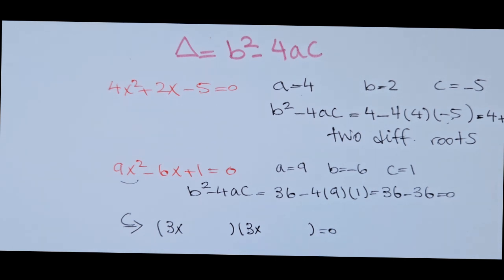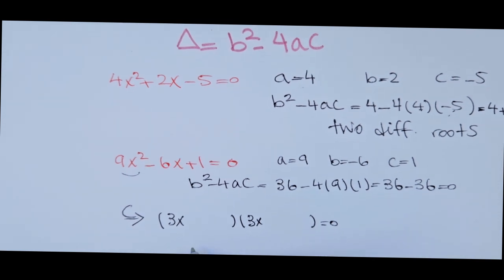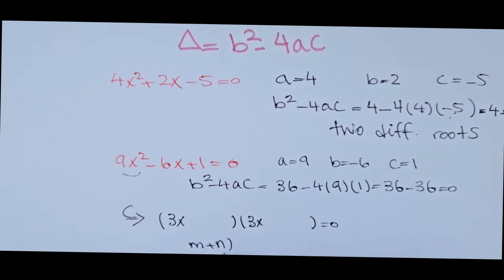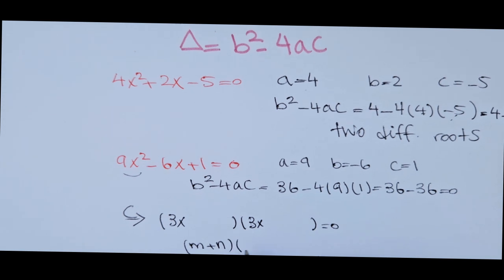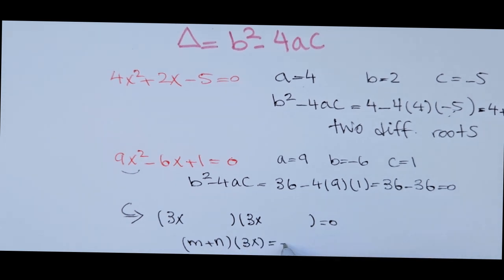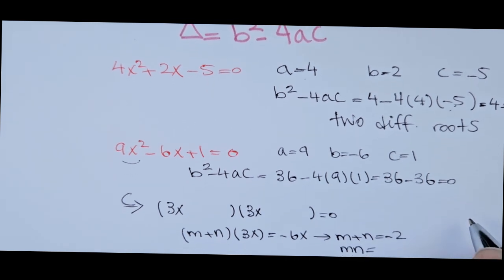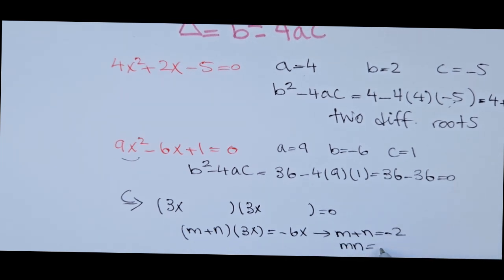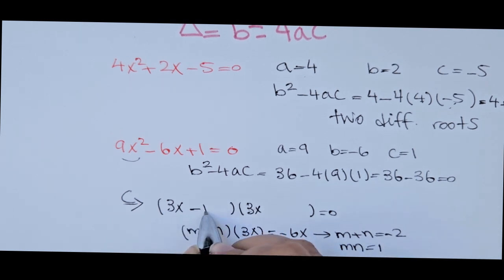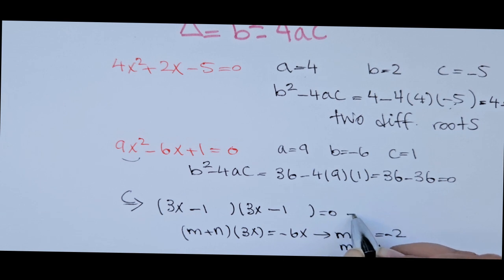Now I'm looking for two numbers added together, multiplied by the repeating term, equals negative 6x. So m plus n must be equal to negative 2. The same two terms multiplied together are plus 1. So it should be negative 1 and negative 1, right?